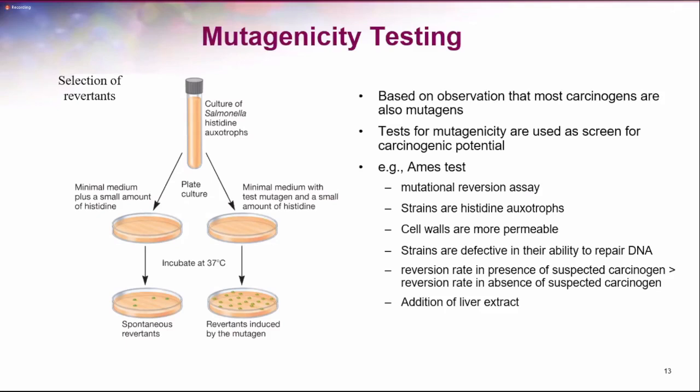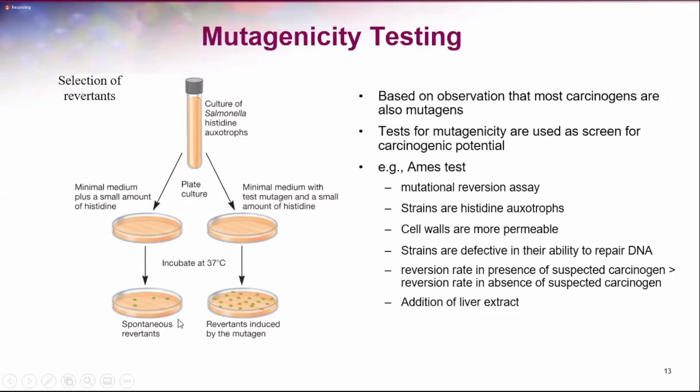So you could have the liver extract, for example, just break down the mutagen, and the result is that you would have a rate of reversion similar to what you would see in spontaneous reversions, okay? But in this case, notice the growth conditions were such that there was very little histidine.